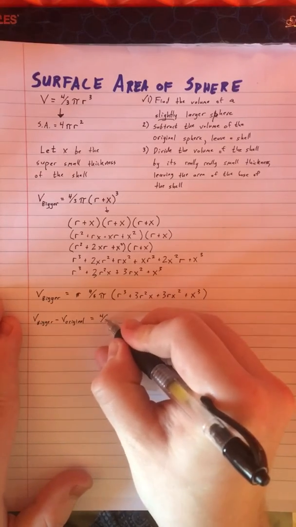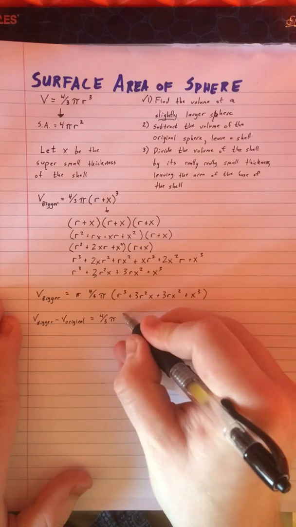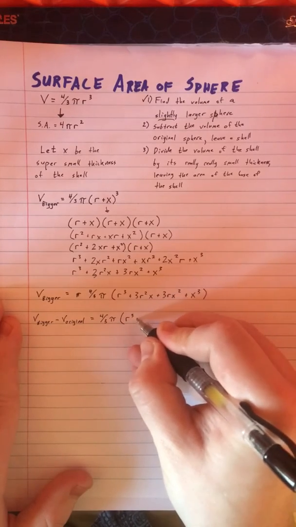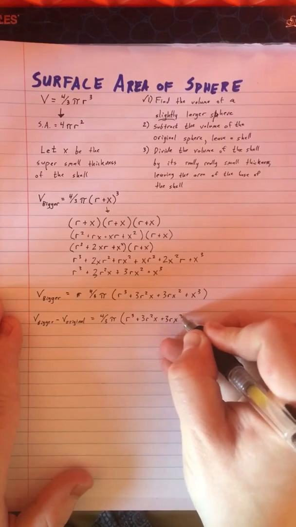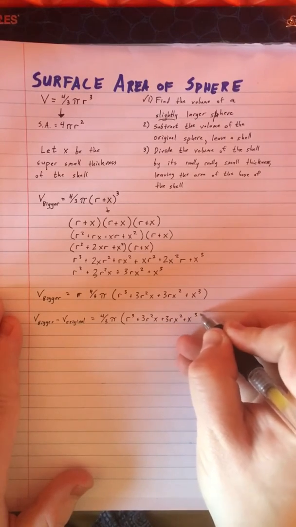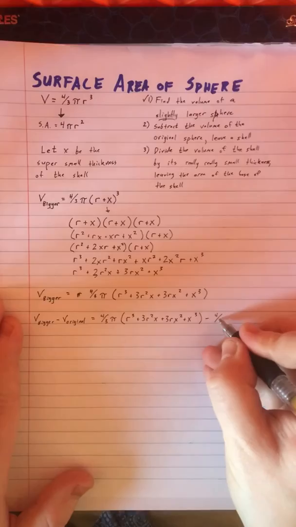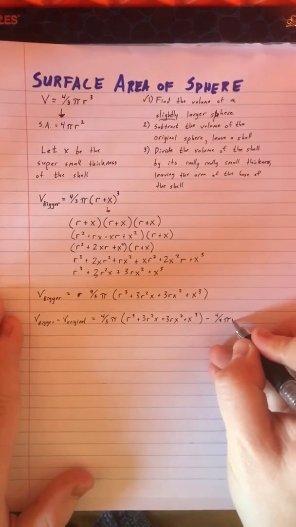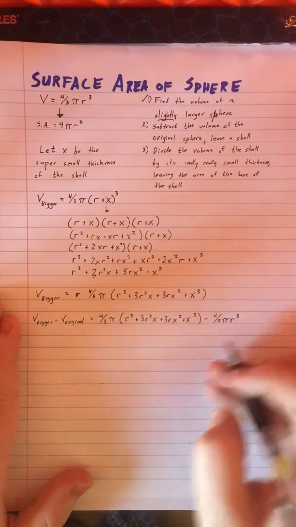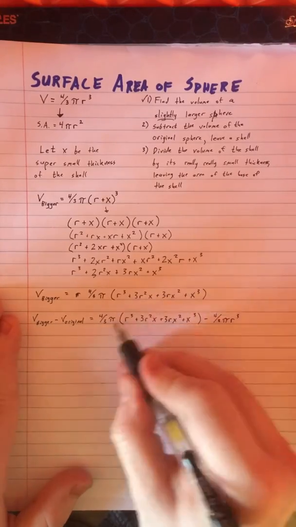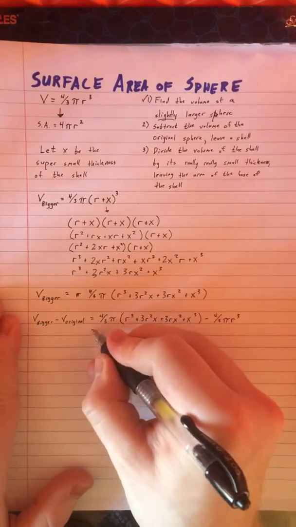equals 4/3 pi times this mess minus 4/3 pi times the original radius cubed, the volume of the original golf ball. I'm going to go ahead and distribute this term to get rid of these parentheses.